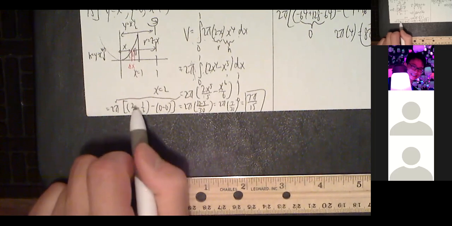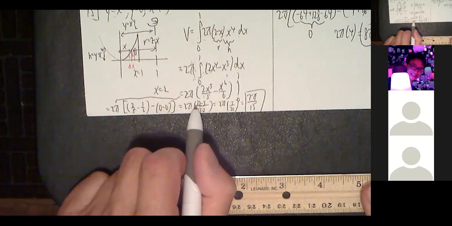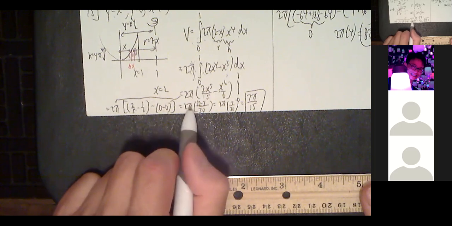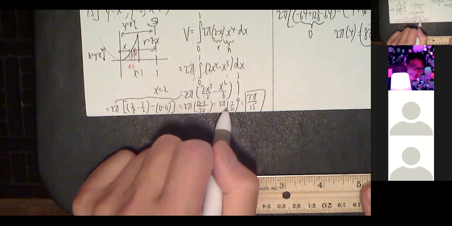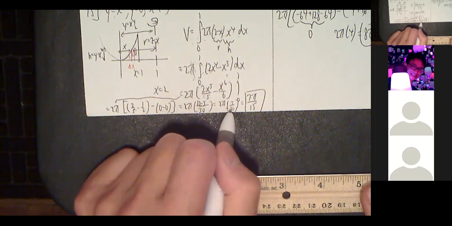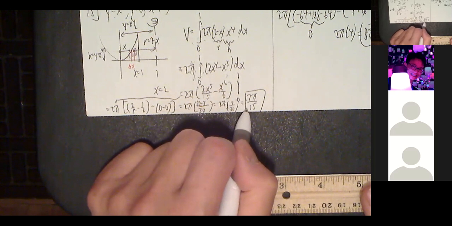So multiply by 6/6. 2 times 6 is 12. Multiply this by 5/5. 12 minus 5 is 7. So I have 2 pi times 7/30. That 30 will cancel with a 2. Final answer is 7 pi over 15 in this particular case.